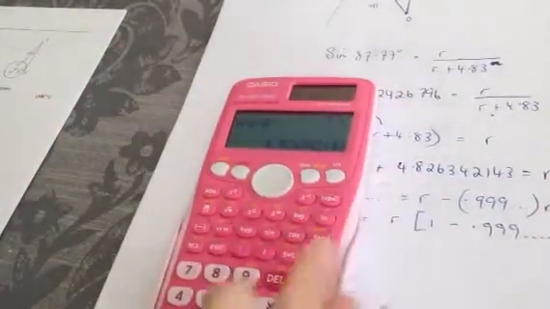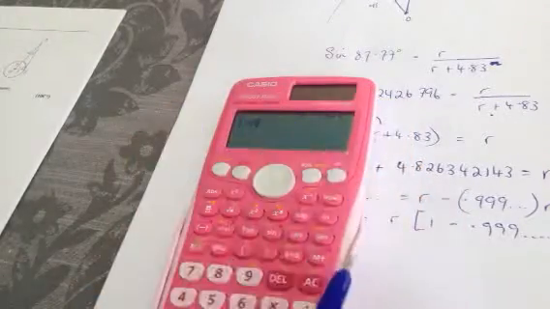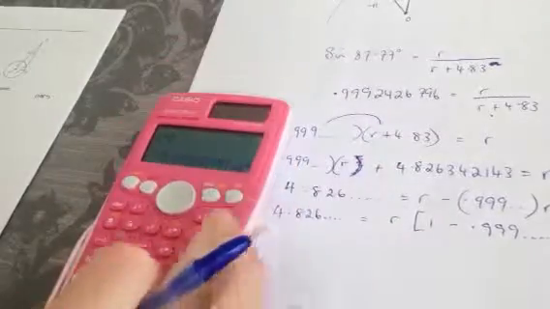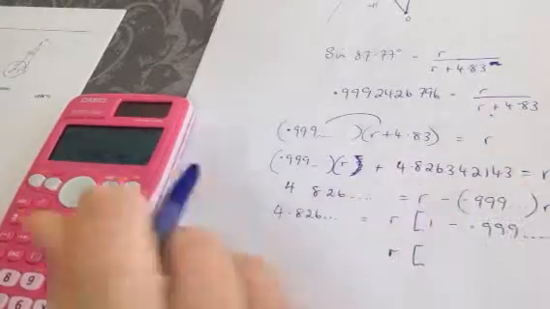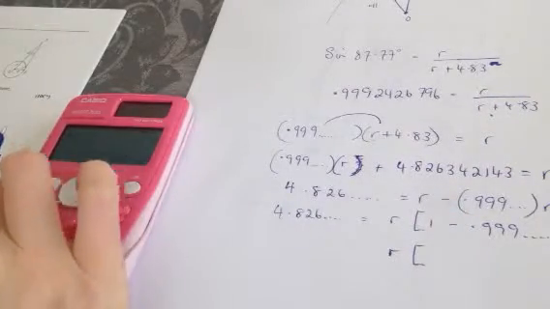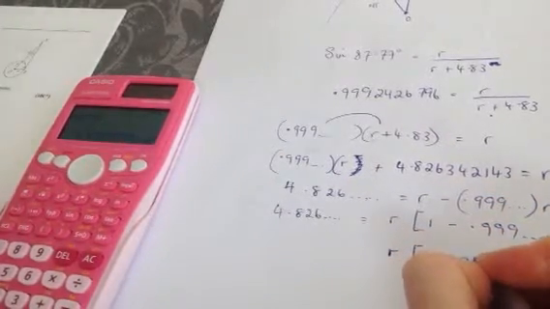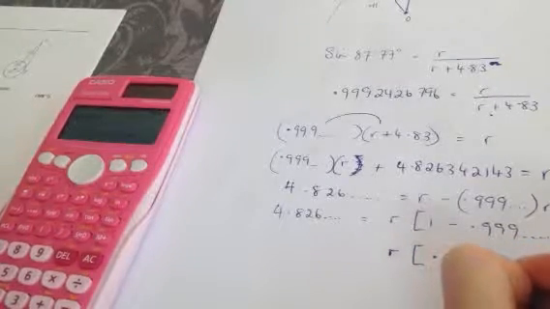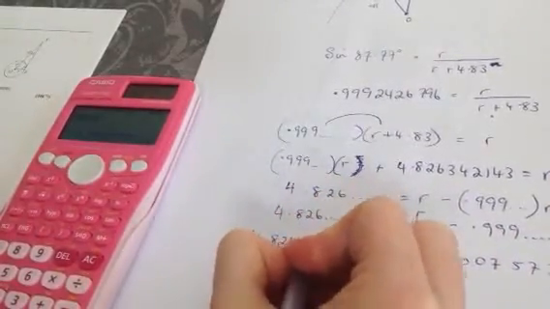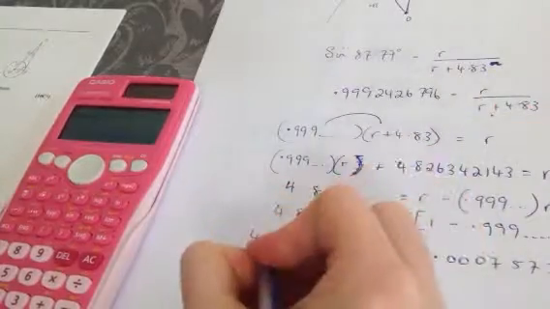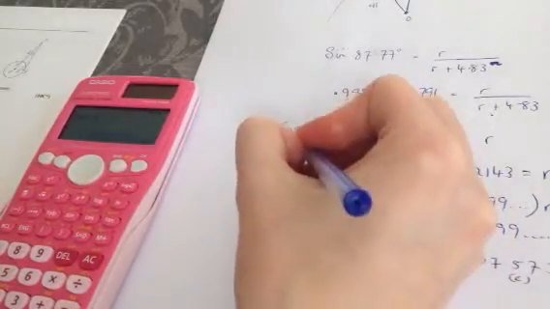In my calculator it's been stored as A, so it's 1 minus A, which I'm just going to store as C: 0.000753... And 4.826 is stored as B. You may want to write down that it's stored as B, that's stored as C in my calculator, and back up here that was stored as A.